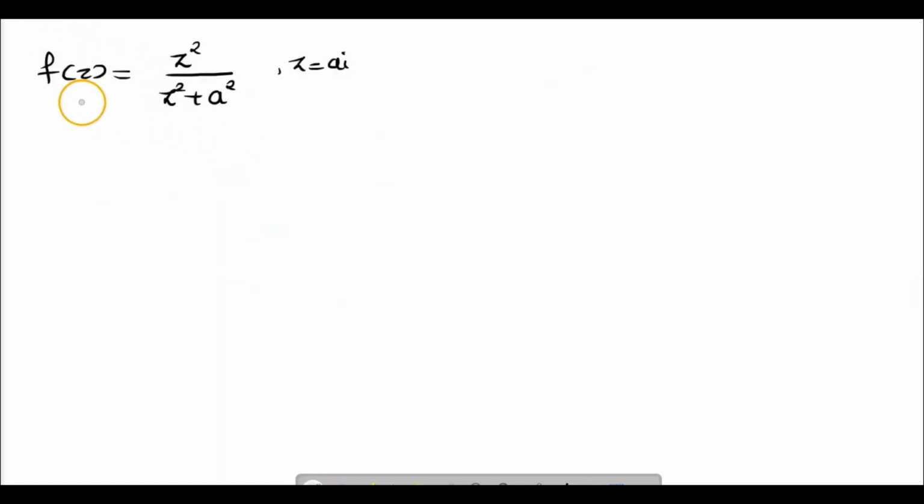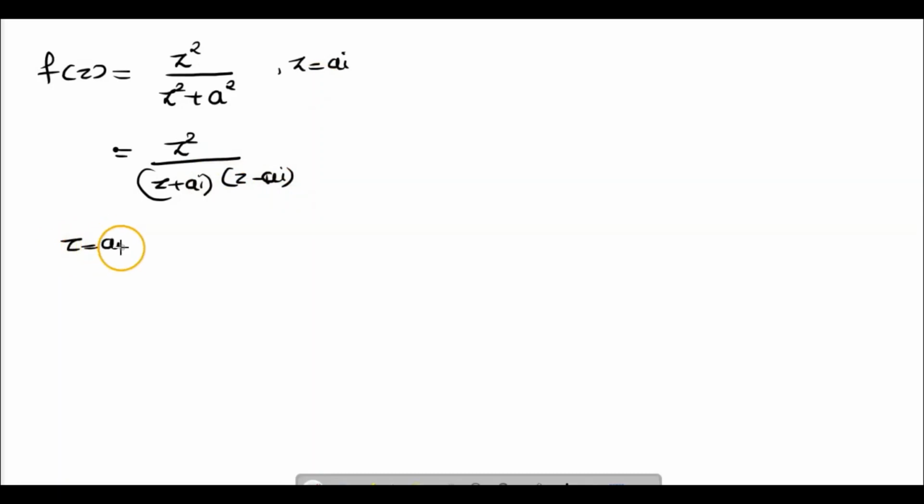Next question, z square divided by z square plus a square at z equal to ai. We can write it as z square divided by (z plus ai) into (z minus ai), that is z square plus a square. Now z equal to ai is a simple pole.